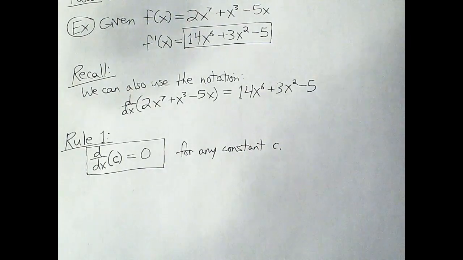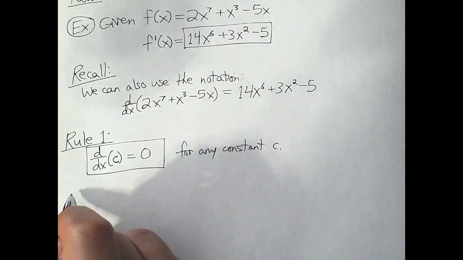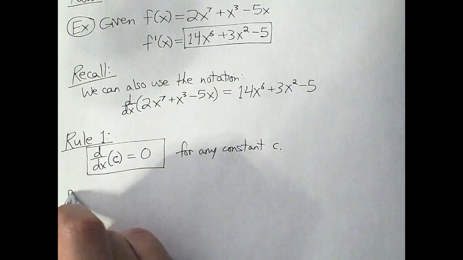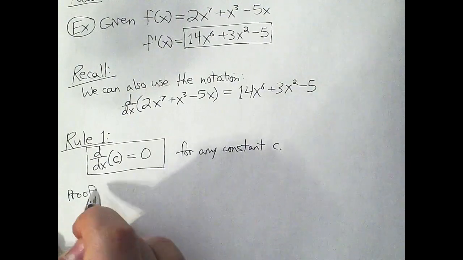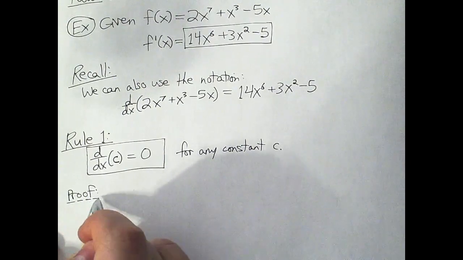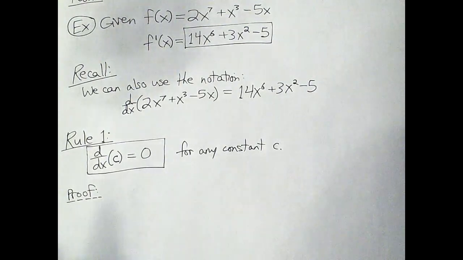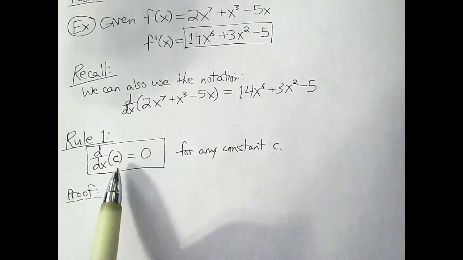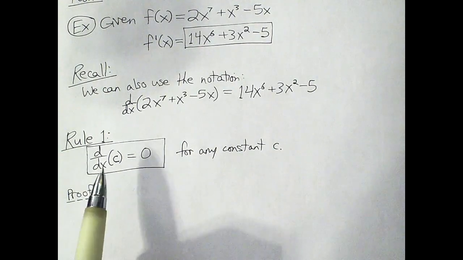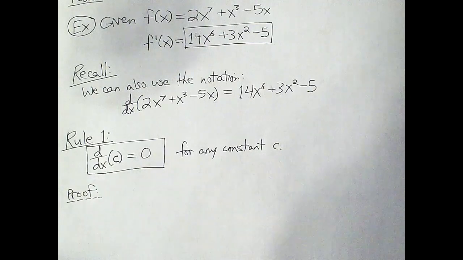For this, I'm going to show you a proof and an example. I can think of 2 ways we can prove this, probably. I'm saying that if I asked you what's d dx of 8, or what's d dx of 7, or what's d dx of 1,000,000, it always just equals 0 because, well, we're going to see why.